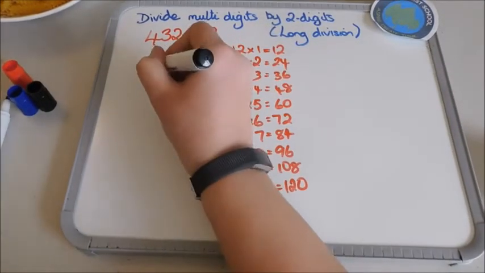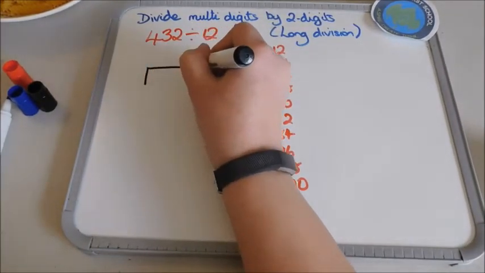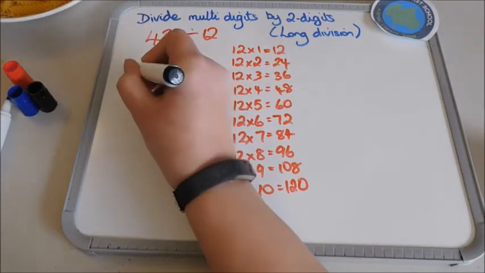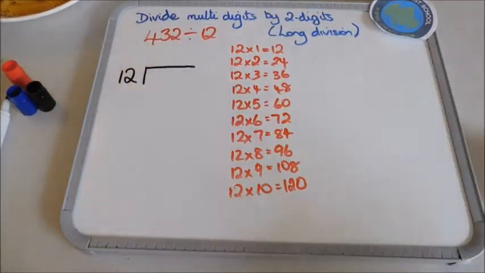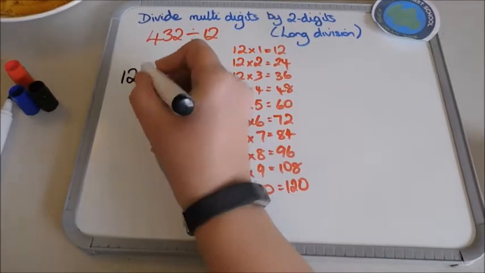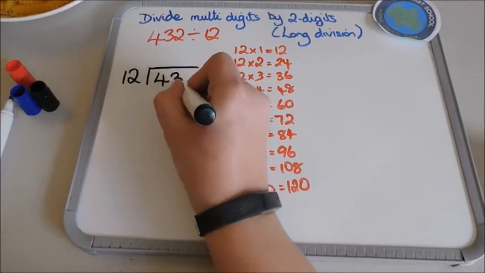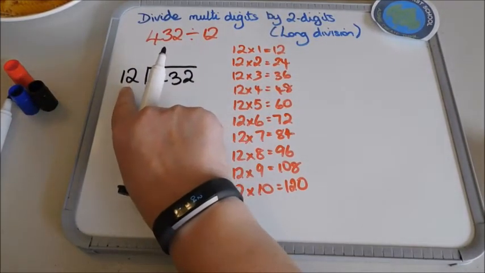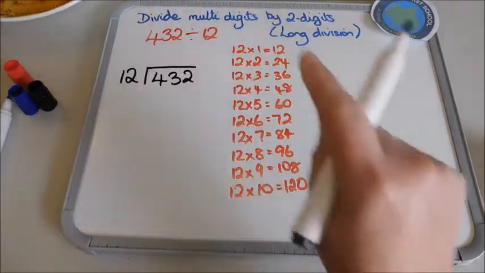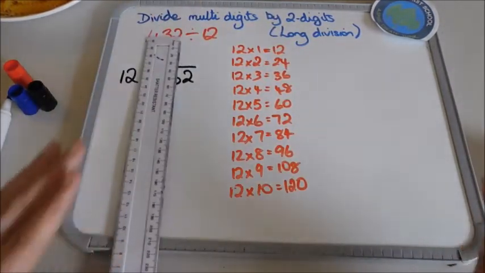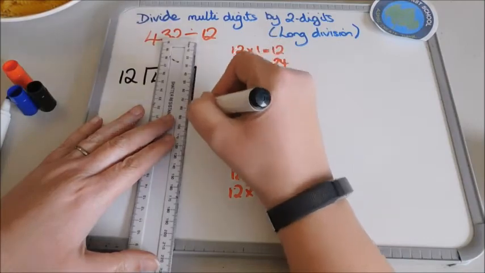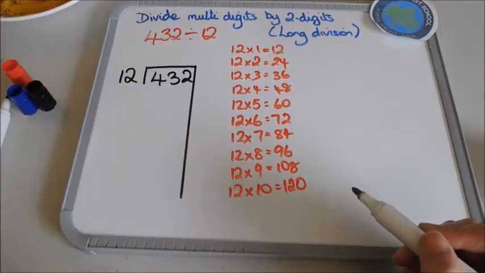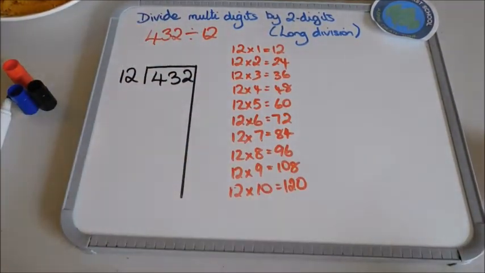Okay, so now we're going to do our calculations. We're going to put our numbers within our division, or bus stop as the children call it. So we've got our 432 and we're dividing by 12. I sometimes encourage the children to draw a line down the side to make sure we keep our columns lined up.